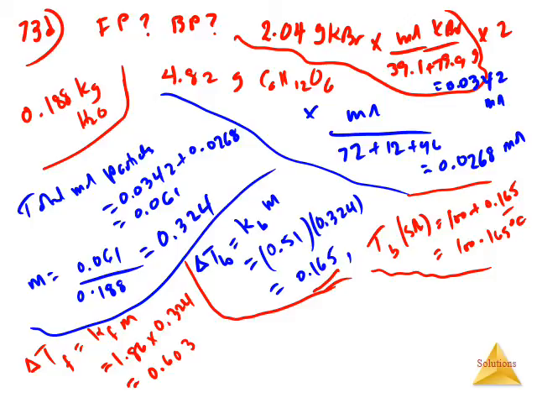Now let's get the freezing point. The freezing point of the solution would be normal freezing point of pure water, which is 0, and that's depressed. Depressed means it went downward, so it's minus 0.603.